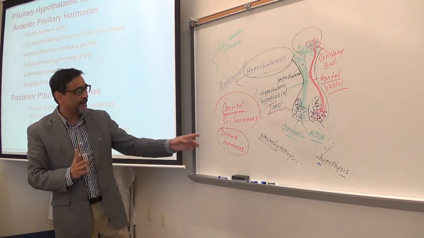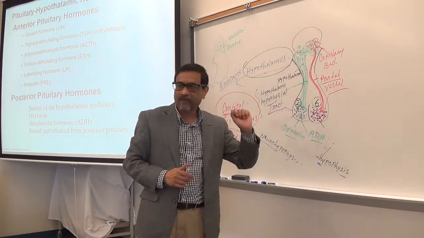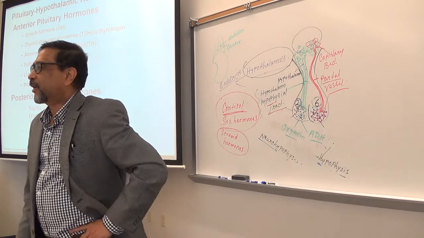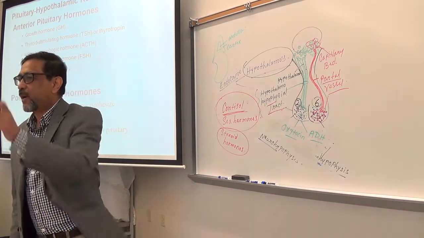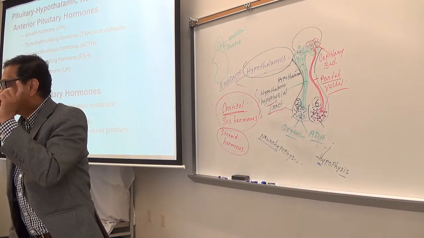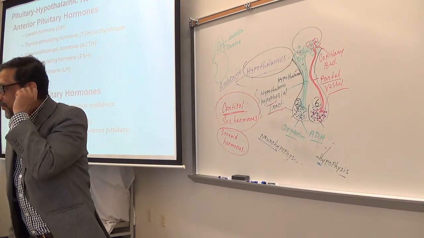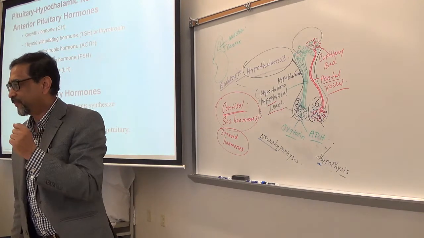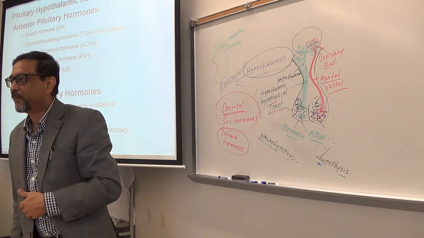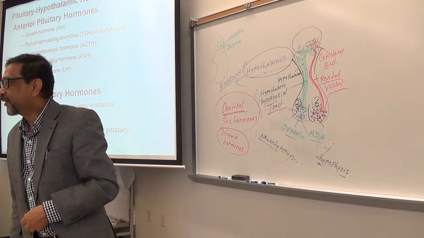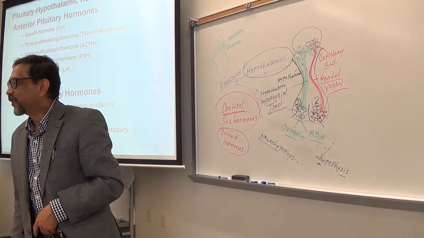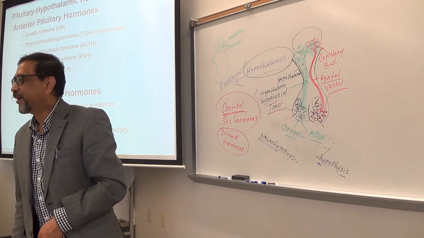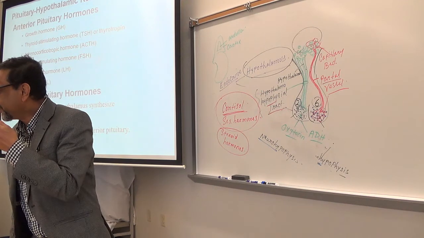Antidiuretic hormone or ADH. Have you heard the word diuretics? In newspaper or magazine you will read it very often. Diuretics do what? Produce more what? Urine. Remember, diuretics produce more urine.